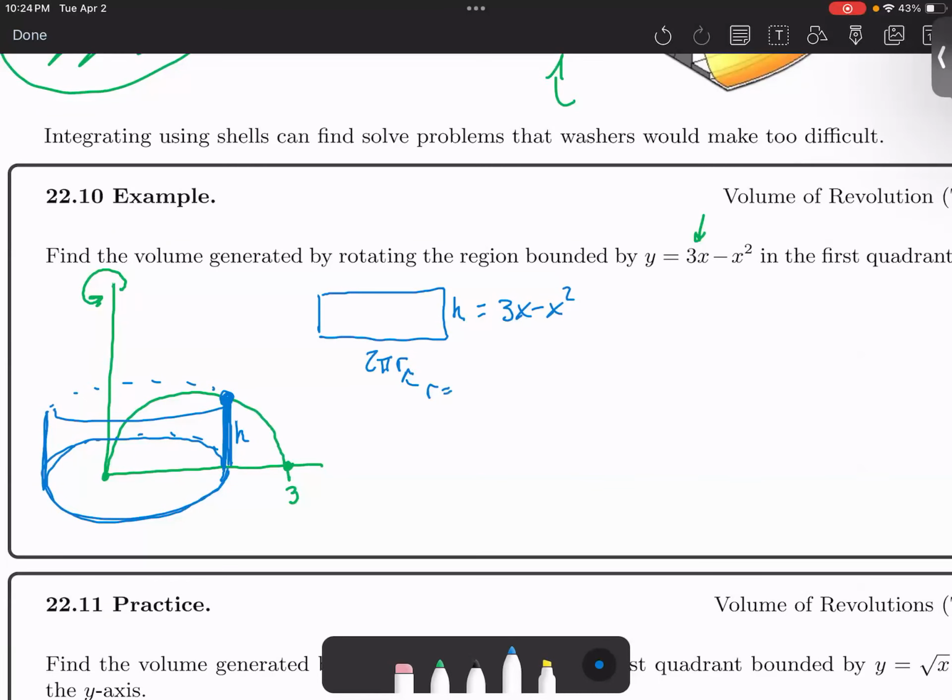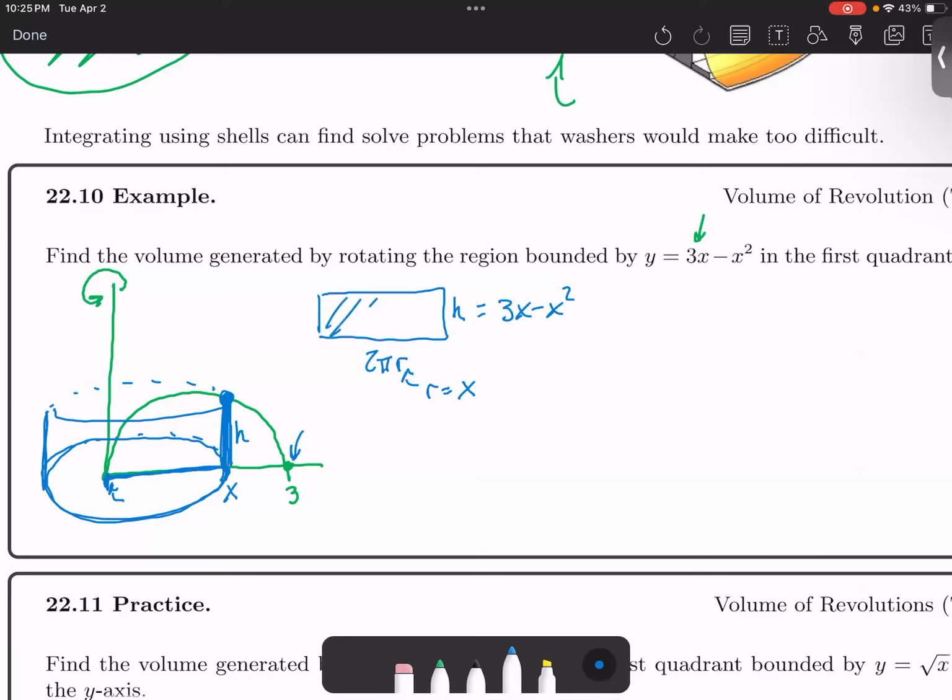The radius is given to me by how far that cylinder is away from my origin, away from the point that I'm spinning it. So this would be the x value. Right? That would be whatever the x value is. The biggest x is 3. The smallest is 0.